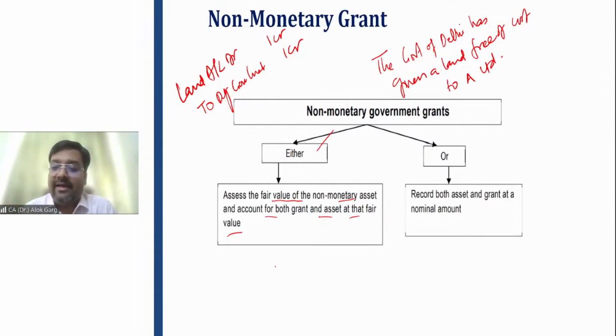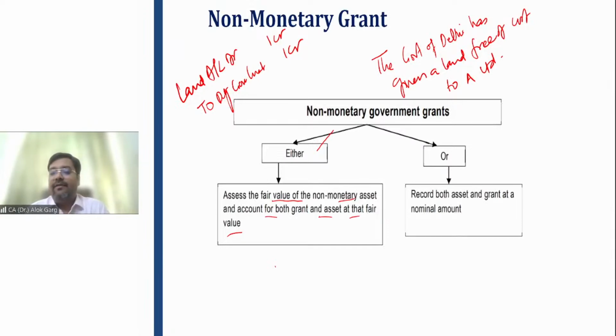Sir, if nothing is there, the government has done the registry in the name of the entity, right? And the condition was the entity is required to install a plant in the rural area, and the entity has already installed the plant in the rural area. In that case, the entity can defer this government grant and recognize it over a reasonable period.